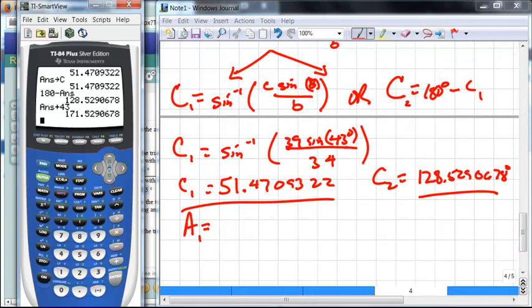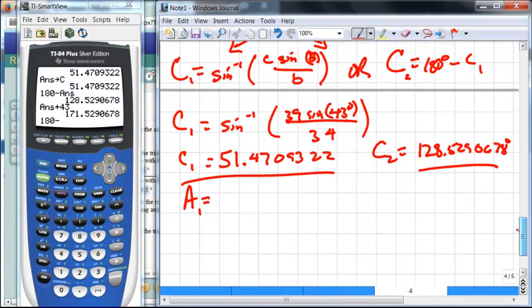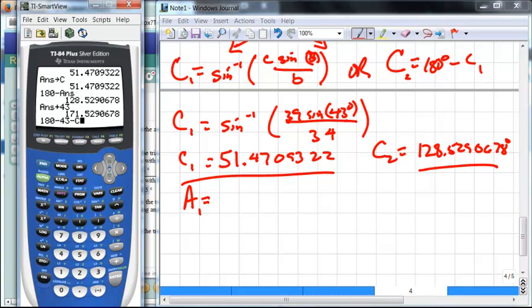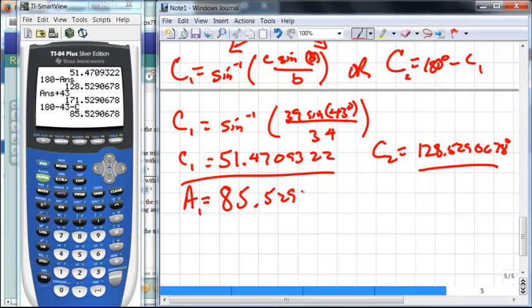So what is A1? It's 180 degrees minus the B, which is 43, minus what we just got for C. And so that leaves 85.5290678 degrees for A.